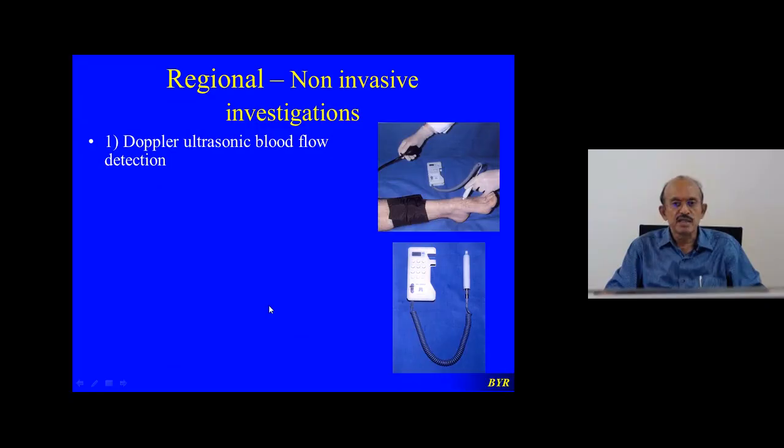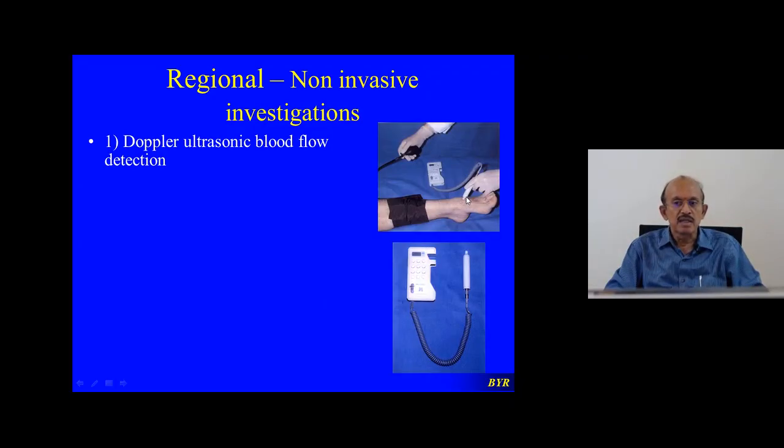The non-invasive investigations: Doppler ultrasonic blood flow detection. This is called the Doppler flow meter. You can see here the fellow has kept the probe over the dorsalis pedis artery. So it gives an audible signal. When you keep the stethoscope here, you can't hear pulsations. Only when you check for the blood pressure, then you will hear the pulses up to the diastolic pressure.